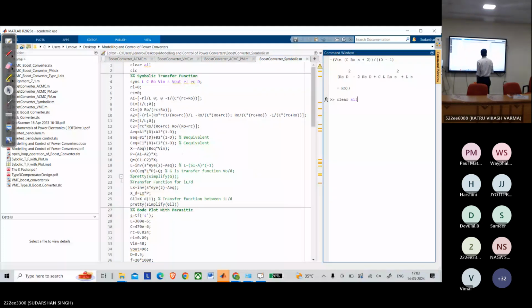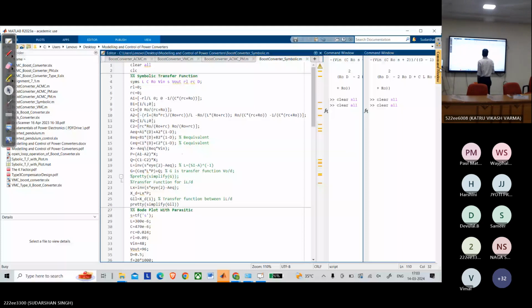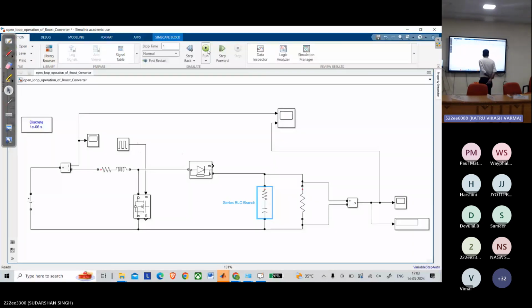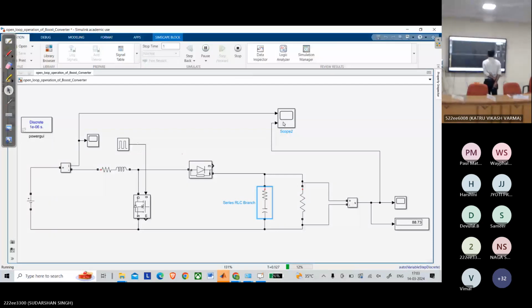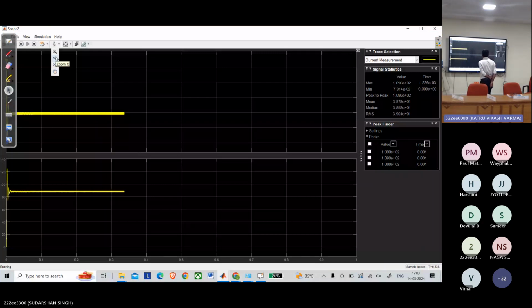Clear all. Just not all. You can reduce the time, no?